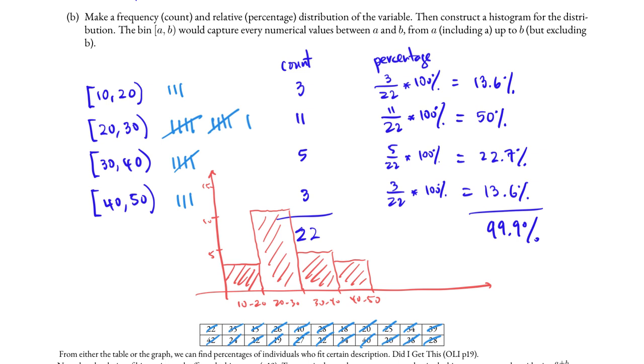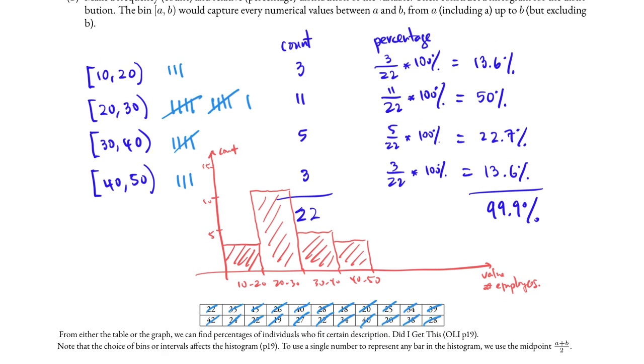The histogram should have no gap in between unless the bin has 0 count. And we should label the histogram. The vertical axis is the count, and the horizontal axis is the values, in this case the number of employees.